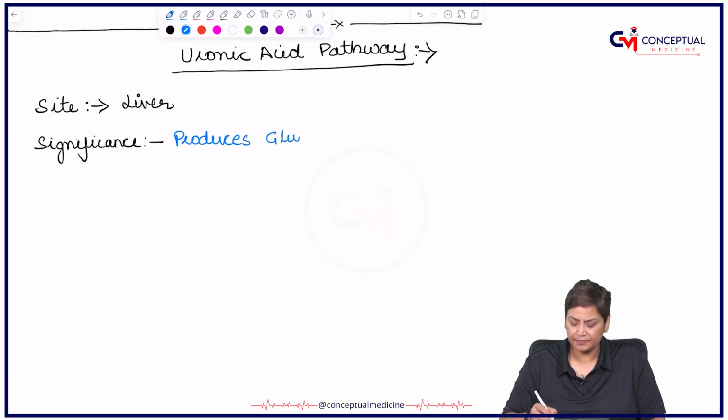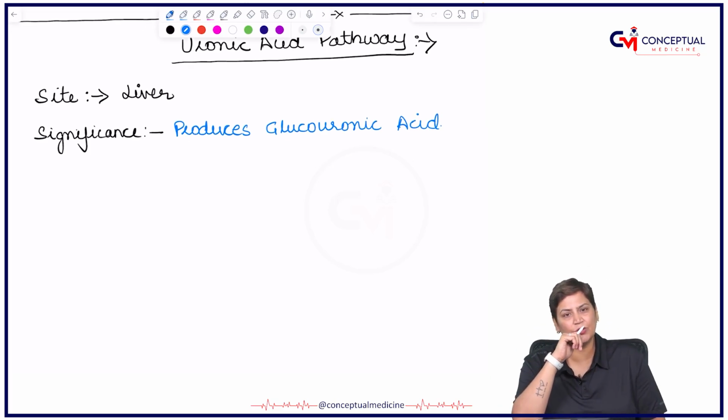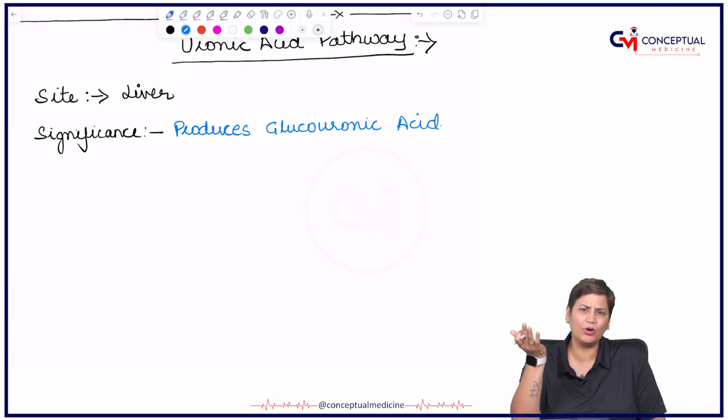Glucuronic acid. Not gluconic acid, it is glucuronic acid. Now, what is the significance of glucuronic acid? The most important role of this glucuronic acid is that it plays a very, very important role in the degradation of heme. Very important.